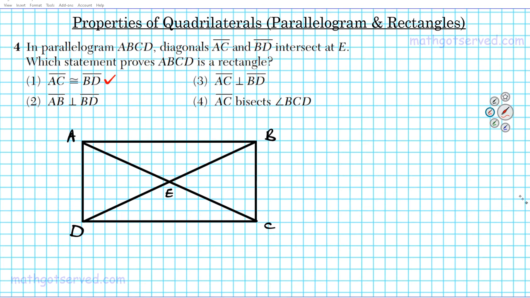Well, we know first of all that all the angles of a rectangle are right angles. So this is 90, 90, 90. What option B is saying is that this little angle right here, AB and BD, is also 90 degrees.